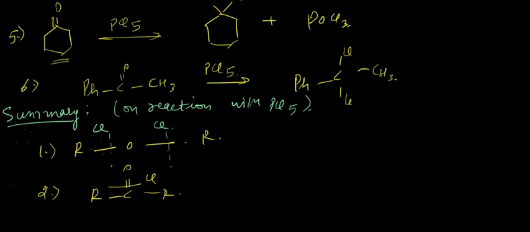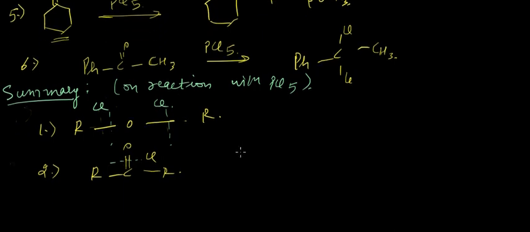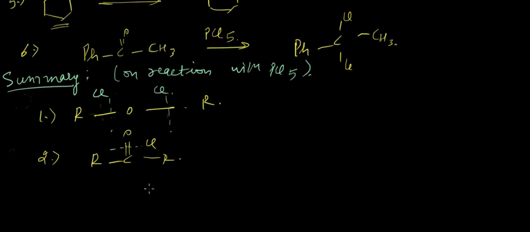Similarly, in this case also, the double bond between C and O will be broken and the positions will be taken up by the Cl atom. Okay, let's take a third example.